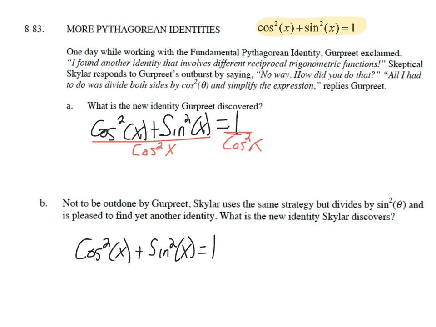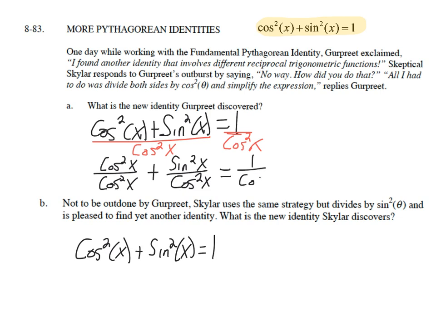So on the left side, this is really cosine squared x divided by cosine squared x plus sine squared x divided by cosine squared x, equaling 1 over the cosine squared x.